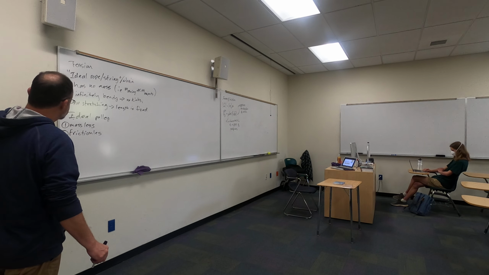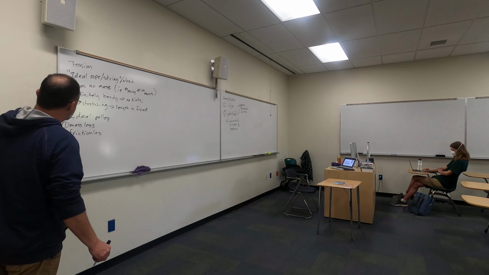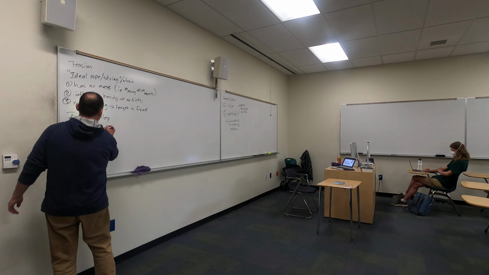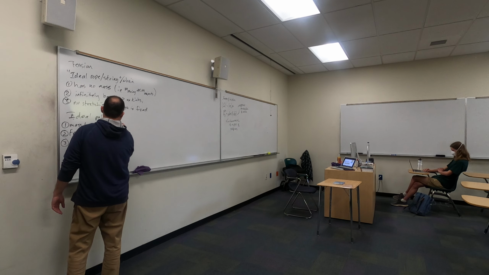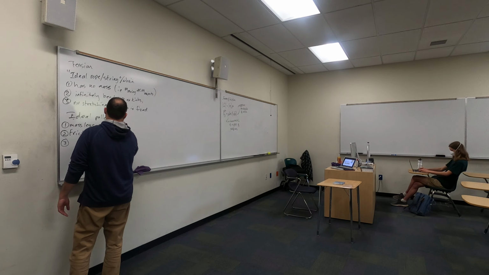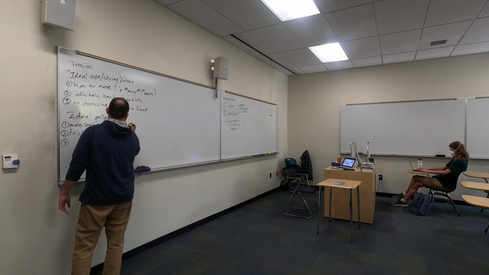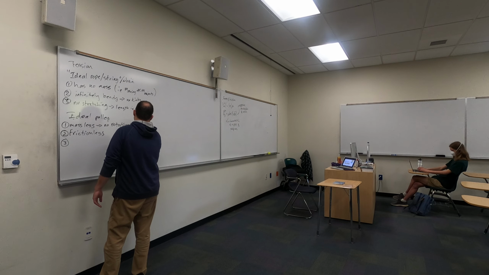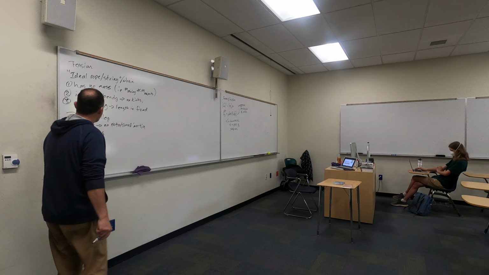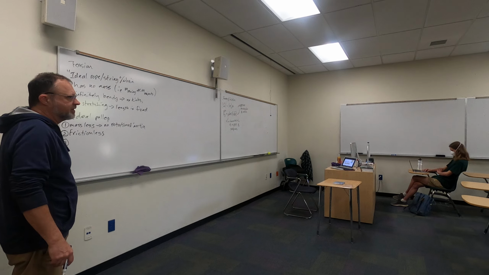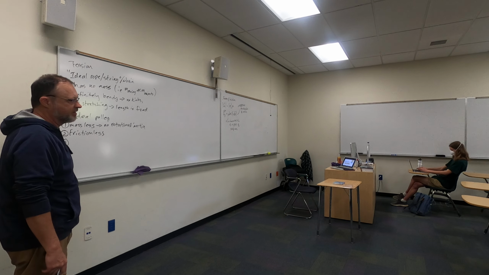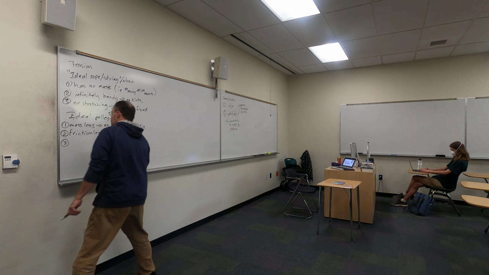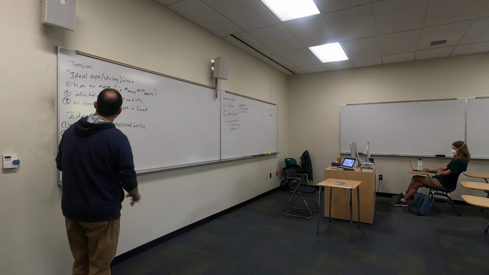I guess that's it, because massless also implies it has no rotational inertia. Rotational inertia is kind of like mass. It's like inertia, but for rotating things. Okay, so massless and frictionless.